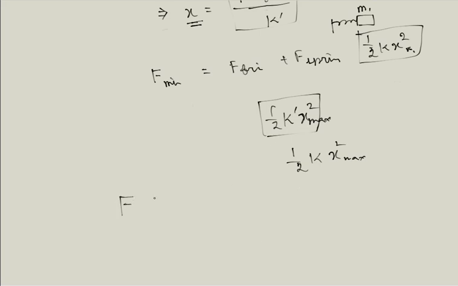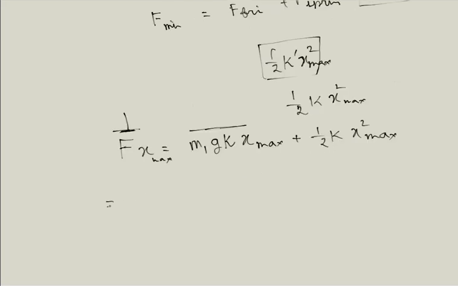Writing the energy equation, the work done by the external force will be F x. A part of it will be dissipated as frictional energy, and the rest stored in the spring at maximum extension. So the work done by the external force is equal to the work done against friction plus the energy stored in the spring, half k' x squared. Therefore F will be equal to m1 g k plus half k' x max.